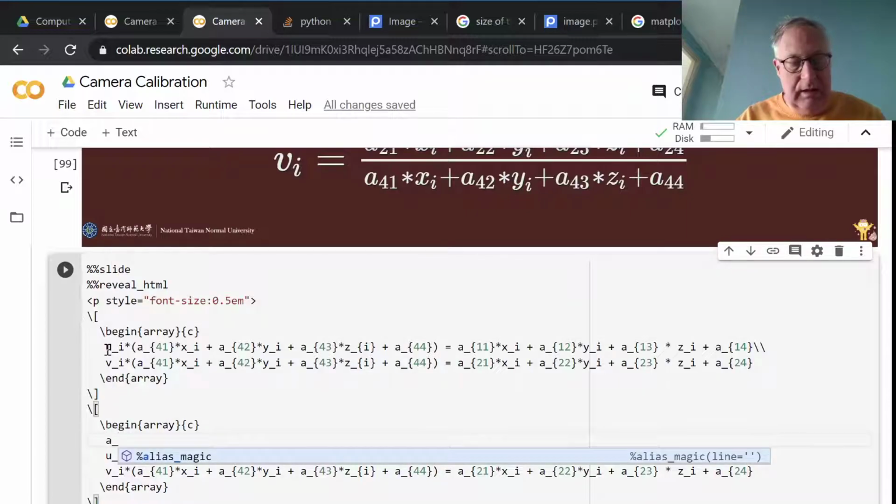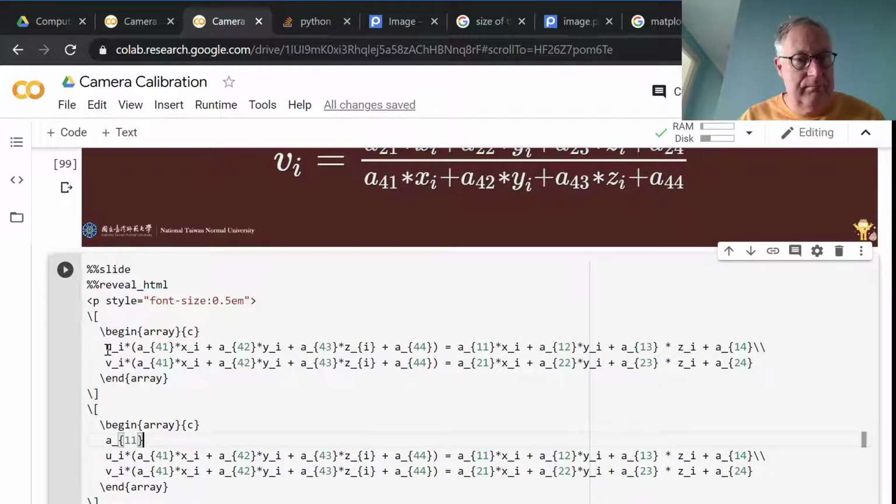So then it would be A11 multiplied by xi plus A12 multiplied by yi.